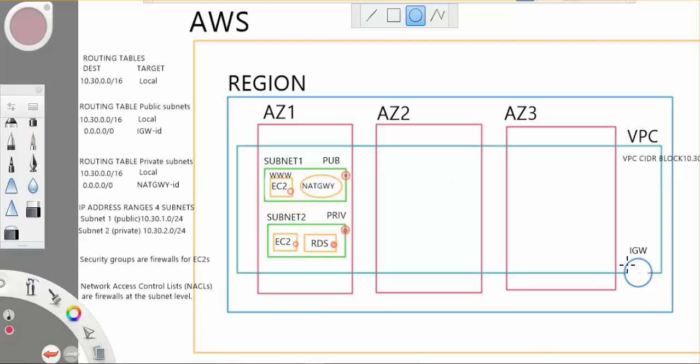So again, remember, you first create your VPC, and you assign it the CIDR block that you want. Once you do that, you can start creating your subnets. The subnet is going to be a partitioning of the space that was part of the VPC.